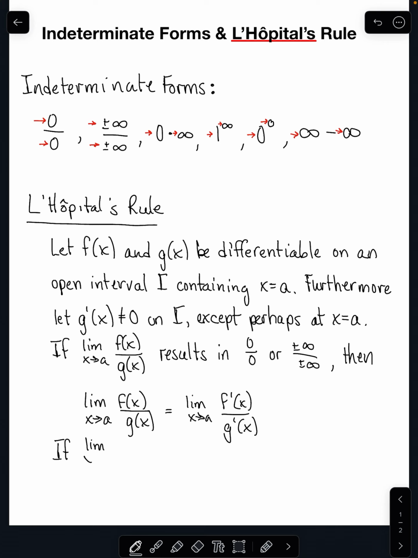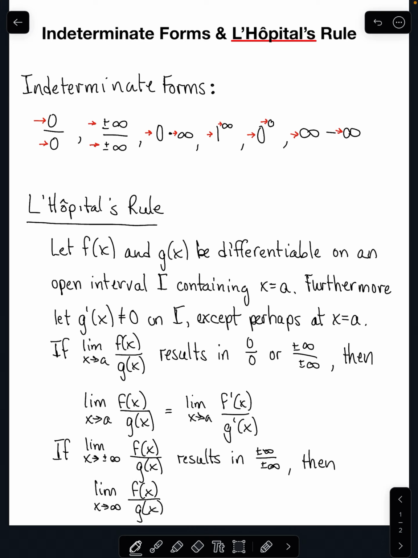If the limit as x approaches positive or negative infinity of f of x over g of x would result in positive or negative infinity in the numerator and denominator, then very much the same, the limit as x approaches infinity of f of x in ratio to g of x is equal to the limit as x approaches infinity of the derivative of f in ratio to the derivative of g.